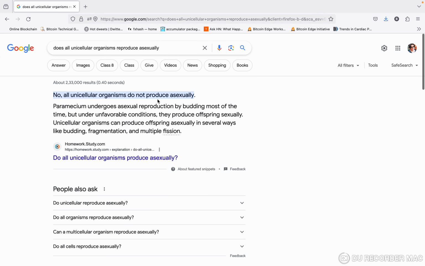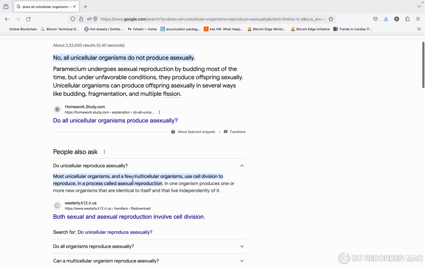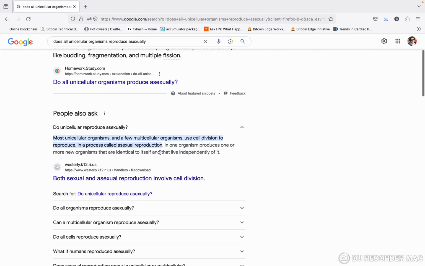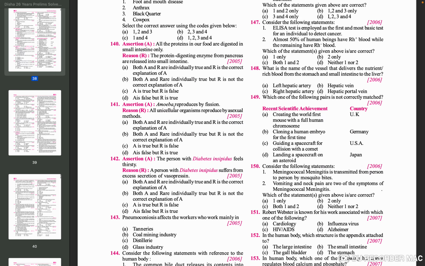No, all unicellular organisms do not go asexually. It undergoes asexual reproduction by binary fission most of the time. Most unicellular and a few multicellular organisms use cell division for reproduction. I don't know why it is saying all unicellular organisms reproduce by asexual methods.